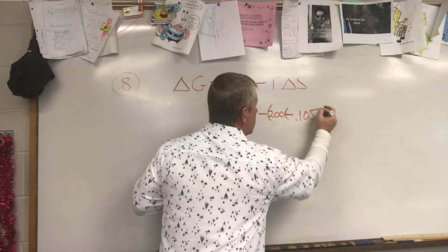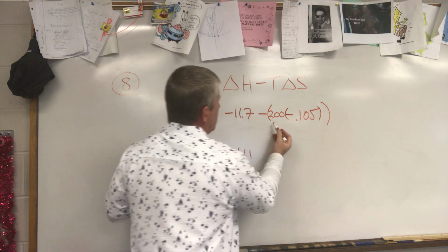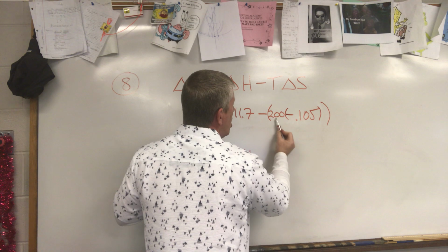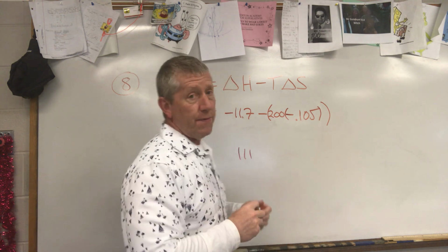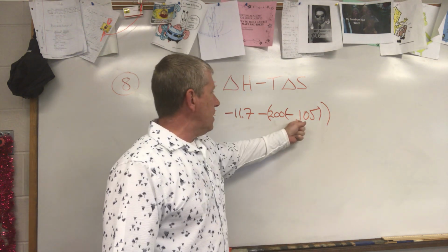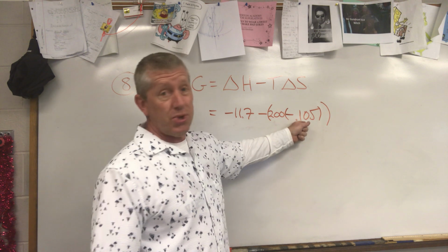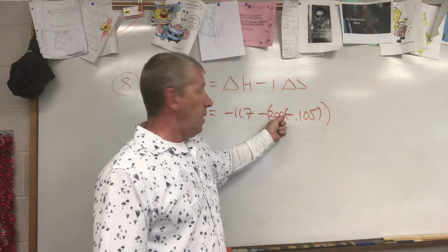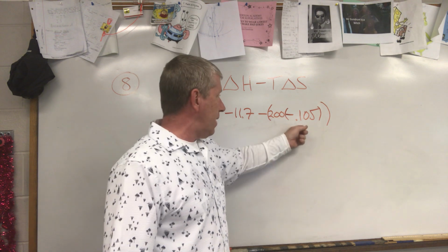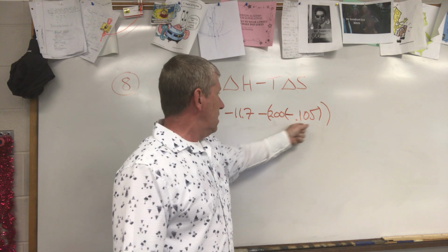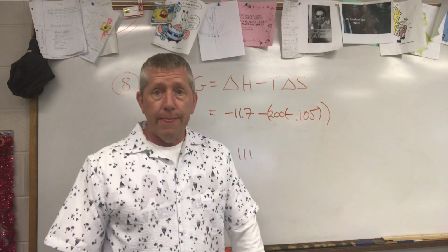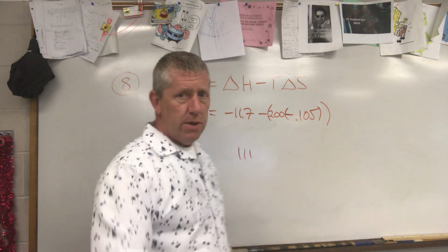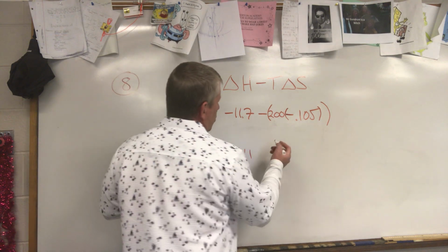So this is 200 times negative 0.105, or this is about 10% of 200. Quick math tells me 10%-ish of 200 ends up being about 20, right? If you don't believe me, go ahead and do the math out. But this is about 20.